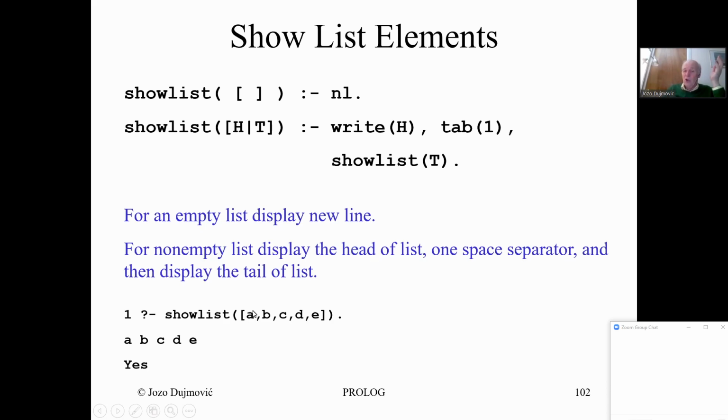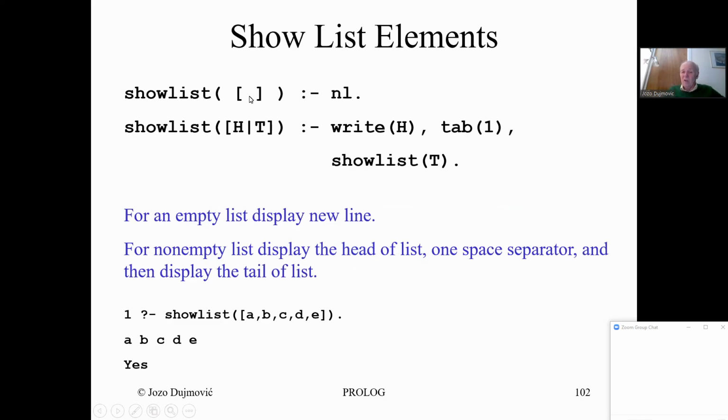So to show all elements in the list, you first display the head and then call the same program to display the tail. So show list of the empty list is going to be just new line. You have nothing to do and put new line for showing an empty list.